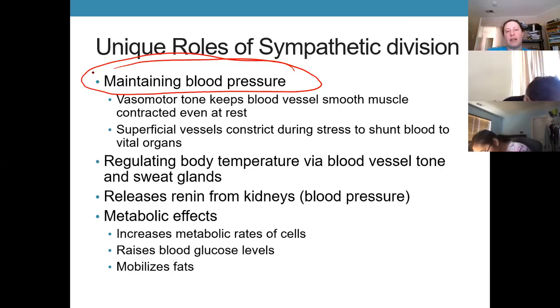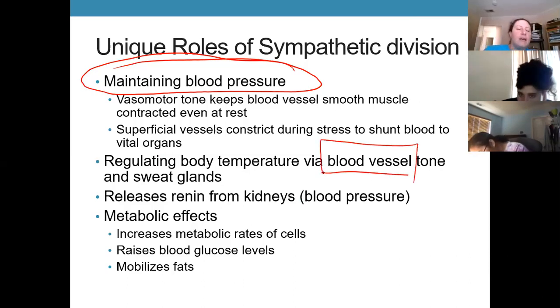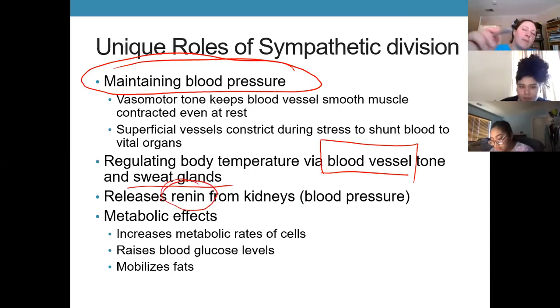So we have to direct it in a specific way. A lot of body temperature regulation is by blood vessel tone in the skin, as well as control over sweat glands, so the sympathetic division has a lot of responsibility for thermal regulation. Not sole, but a lot. It's also in charge of releasing an enzyme called renin from the kidneys, which is involved in a blood pressure pathway too, which you'll learn more about later.